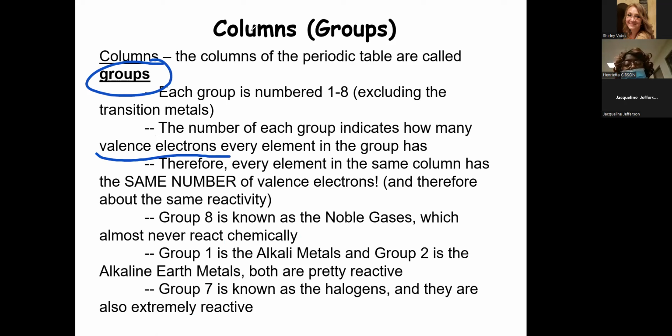So if you have group 1A, you have 1 valence electron. If you have group 8A, you have 8 valence electrons, except for helium, which only has 2 because it only has 1 layer.